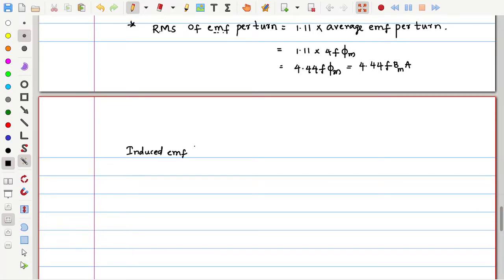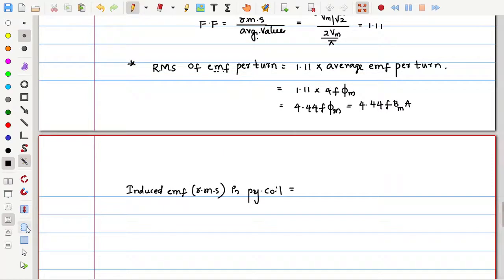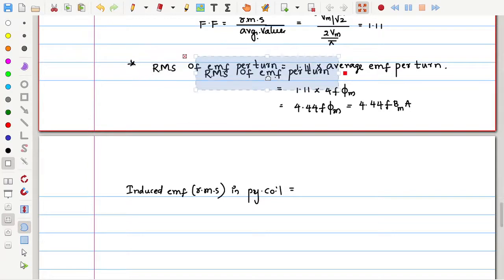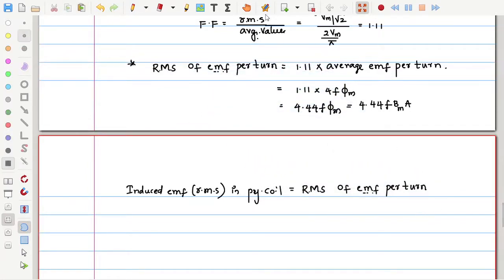I am talking about the RMS value of the induced EMF in the primary coil. Can I write it this way? It is the RMS value of EMF per turn into the number of turns of coil 1, the primary coil. So the per turn and turns get cancelled, and EMF will be left out.